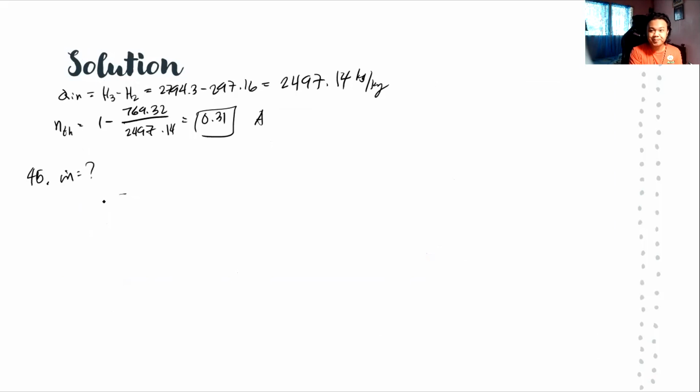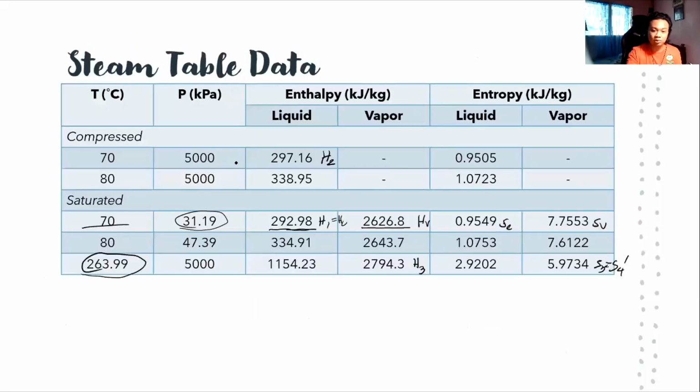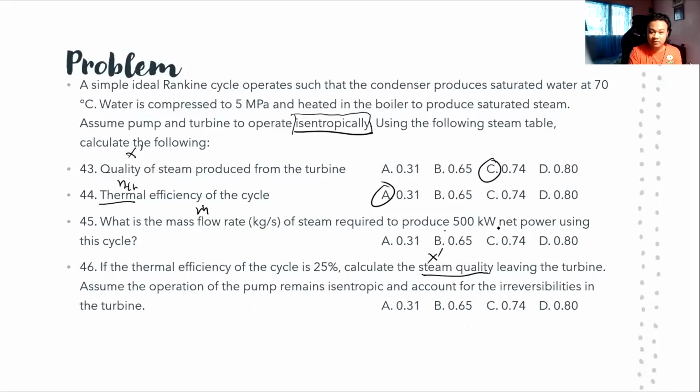The mass flow rate is actually the work produced by the turbine divided by the difference of the enthalpies. We are told that we are to produce 500 kilowatts of power using this cycle.